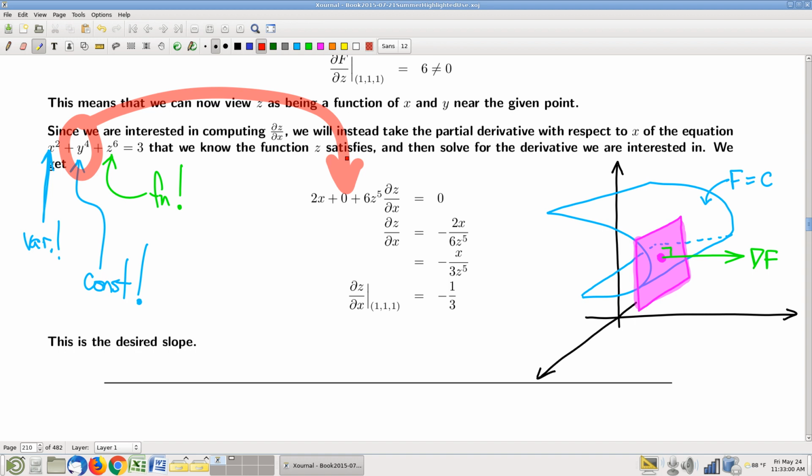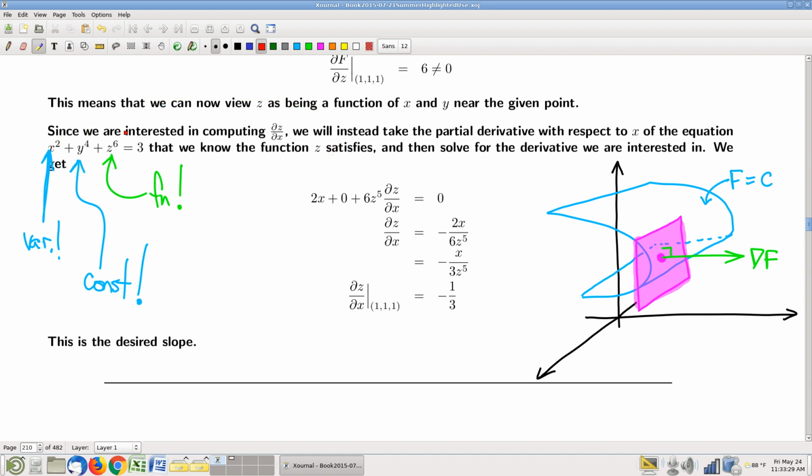So z is a function of x and y, partial with respect to x. That means y is not changing, so that partial derivative is 0. It's real easy to mess that up and write 4y cubed, or 4y cubed dy dx. Some students might, more responsibly, want to write that. But importantly, y is a constant, and so it's just 0.